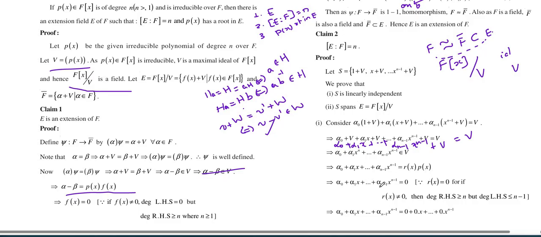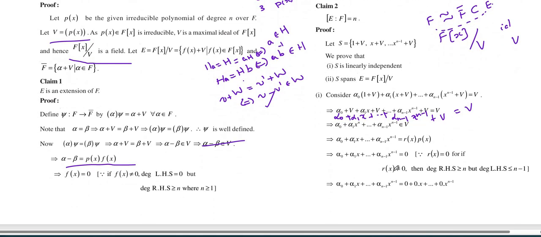Now again the same concept: you have on the left side degree n minus 1, and on the right side you have degree n. So that cannot happen, and therefore we must have R of x to be 0. So here again the reason is given. If R of x is non-zero, then degree of RHS is greater than or equal to n, but degree of LHS is less than or equal to n minus 1. So to avoid that, there is no other way.